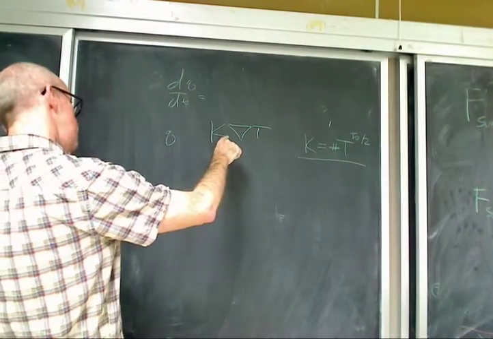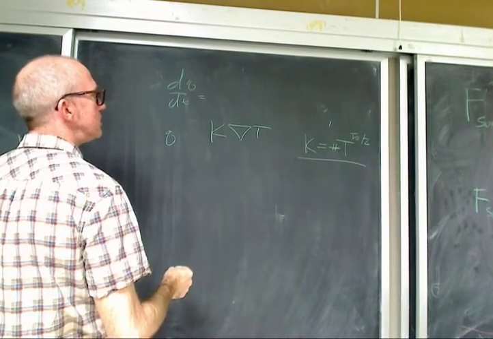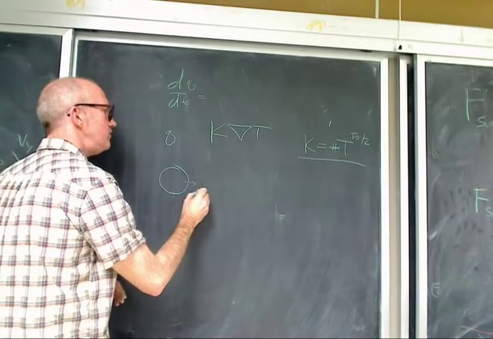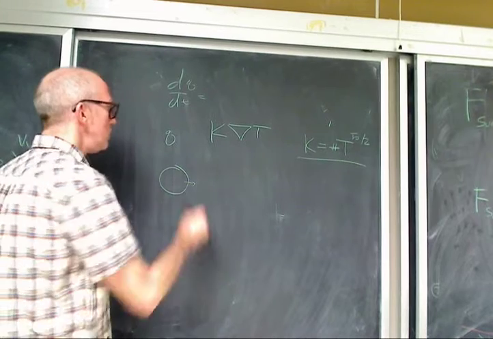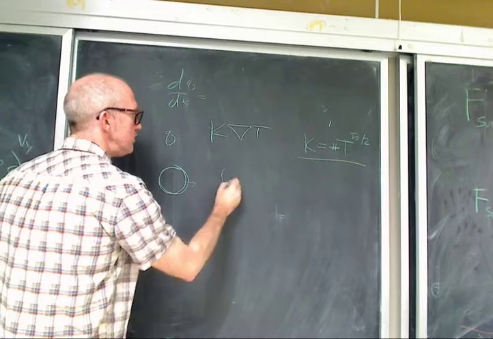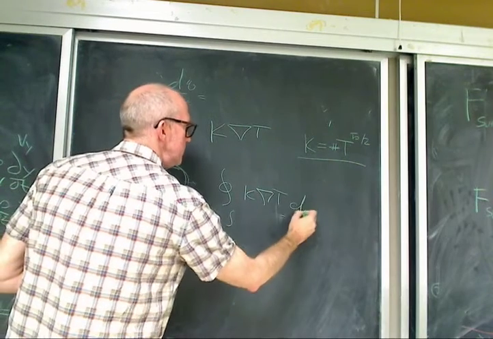But we want to know how this affects our blob. So across this interface, the flux is K grad T. So if I want to know what the total heat flux is, then I have to have a surface integral of K grad T dA.